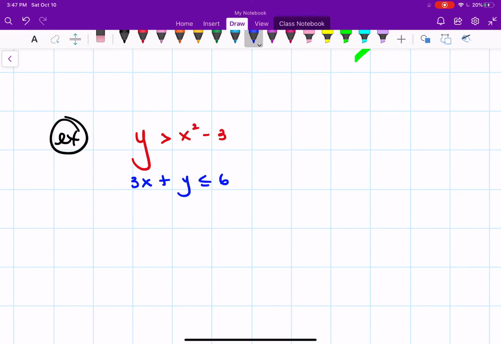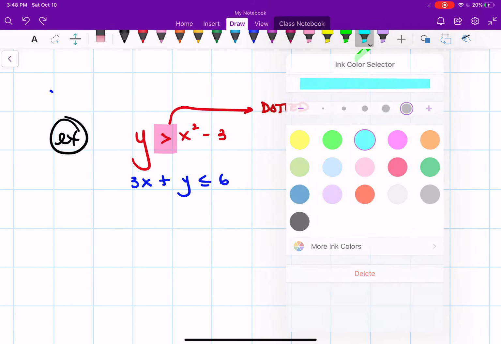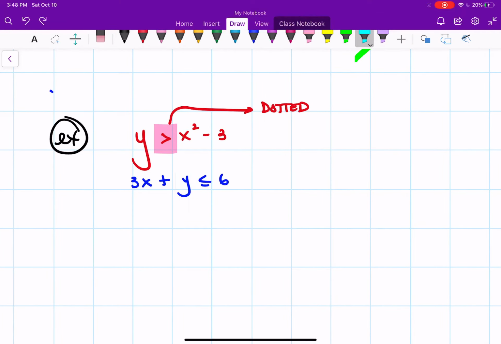So now, if I was to look at it, I'm looking at this right here. This tells me that this is going to be dotted. And this right here is going to tell me that it is solid. Okay? Awesome. Great.